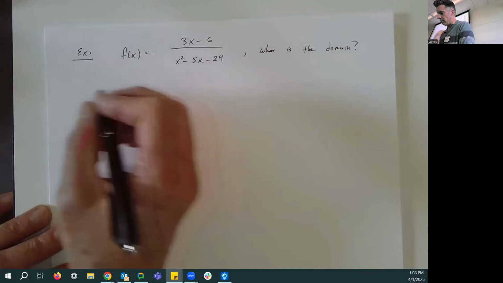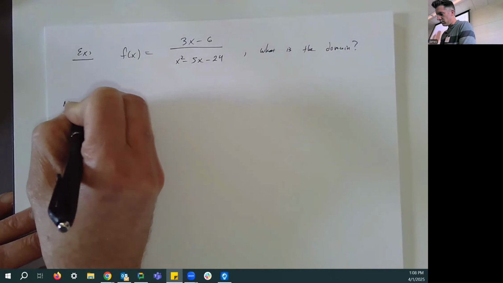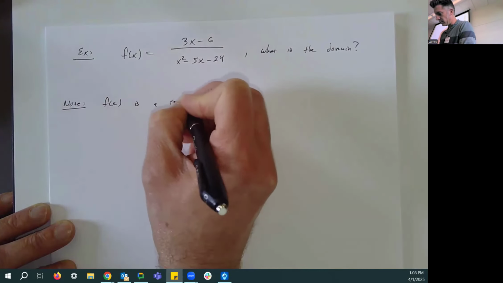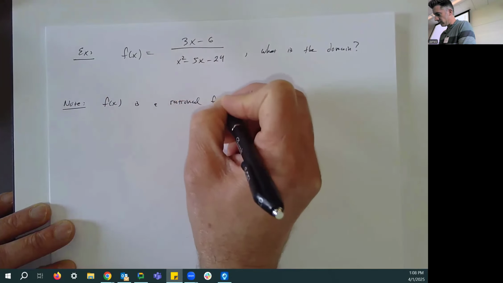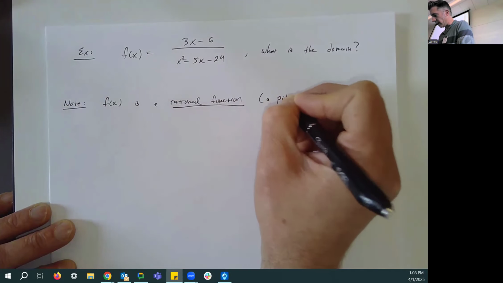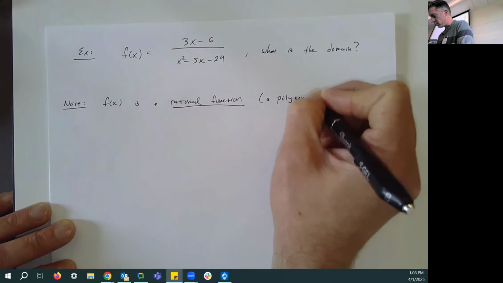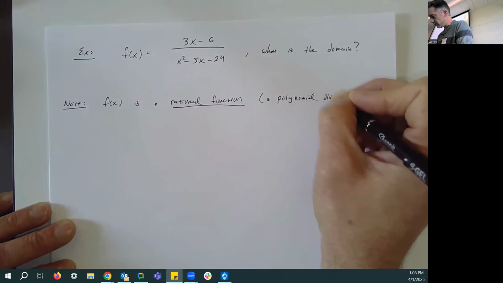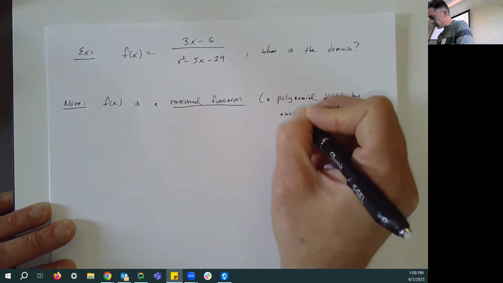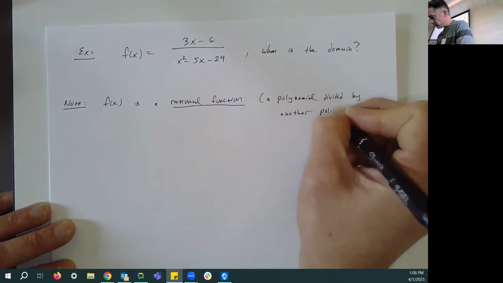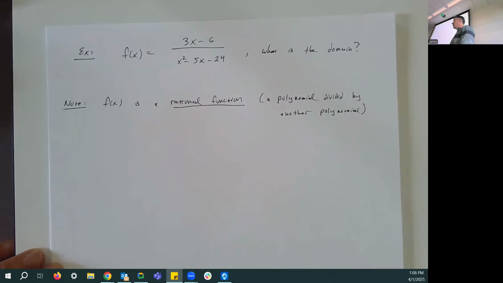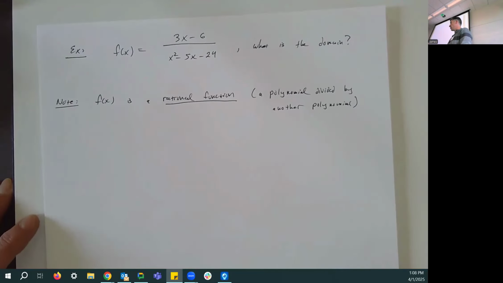So I will just point out, note, f of x is a rational function, meaning a polynomial divided by another polynomial. So we should be concerned about where we might accidentally be dividing by 0.